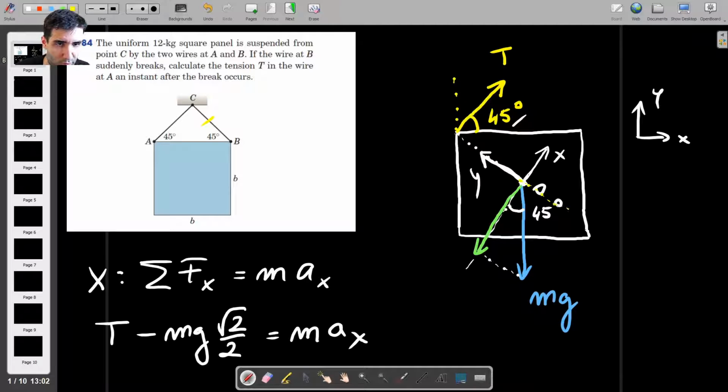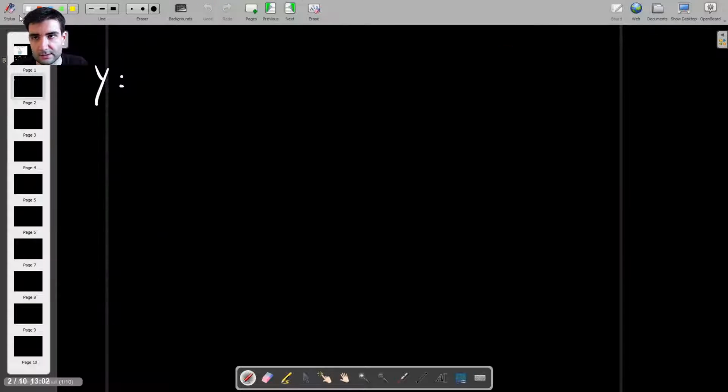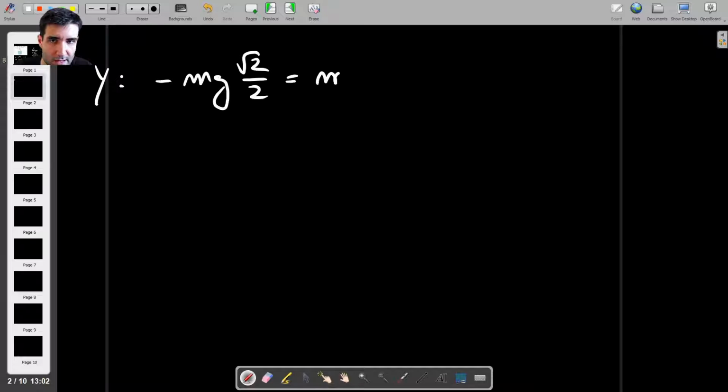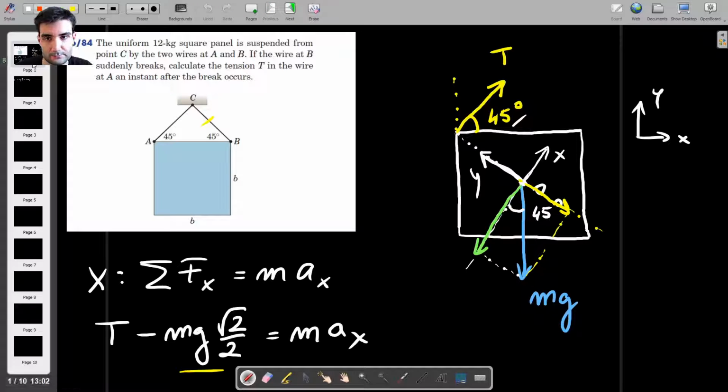So if we look at what happens along the y direction, we only have this component of that blue arrow, which is, well, it's the same as this. And it's acting in the negative y direction, so it's minus mg root 2 over 2, and that's equal to the mass times the acceleration in the y direction of the center of mass.